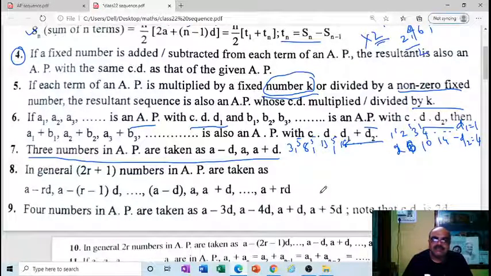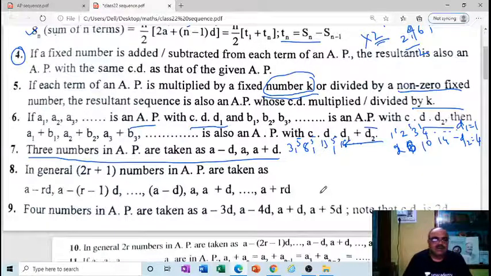The difference between the terms in AP is D. See, these are all the concepts that can be used to generate APs.